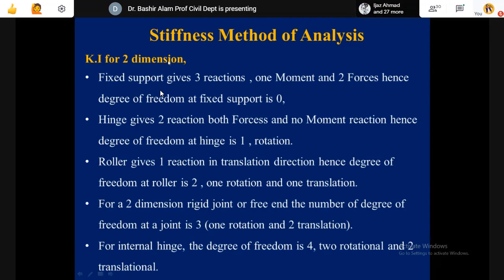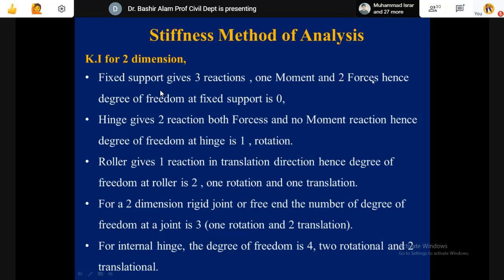Kinematic indeterminacy for two dimensions. Now, a fixed support gives three reactions. When we have three reactions, it means it is not allowing any displacement. What are these three reactions? One moment and two forces. When it has a moment, it means it is not allowing rotation.